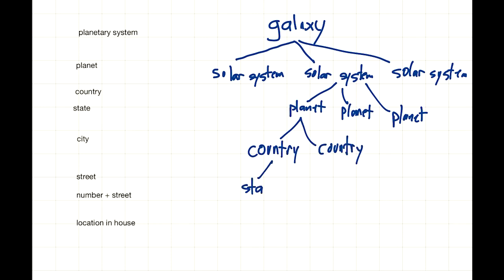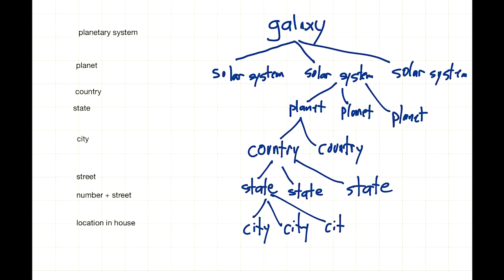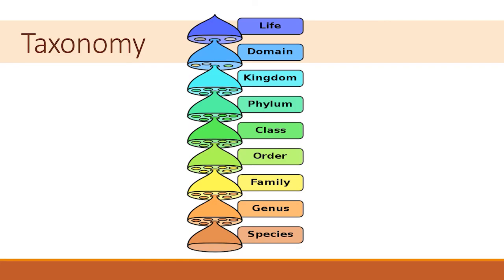And within each country, there are a bunch of states or provinces. Within each state or province, there are a bunch of cities. And within each city, there are a number of streets. So now, instead of a galaxy that contains a solar system, that contains planets, that contain countries and cities and streets, we're going to talk about life.